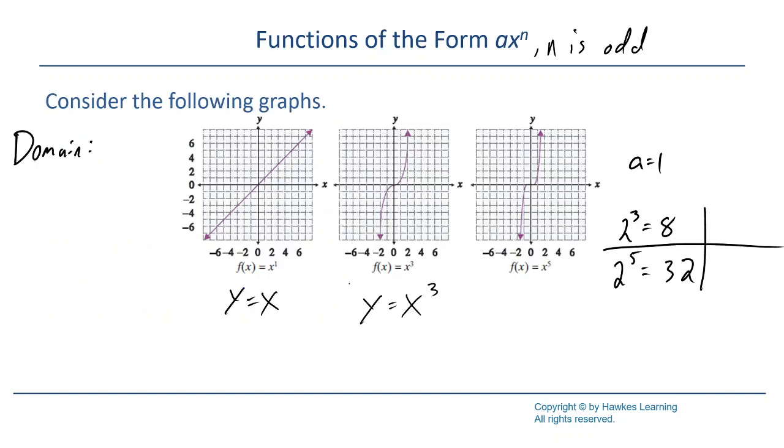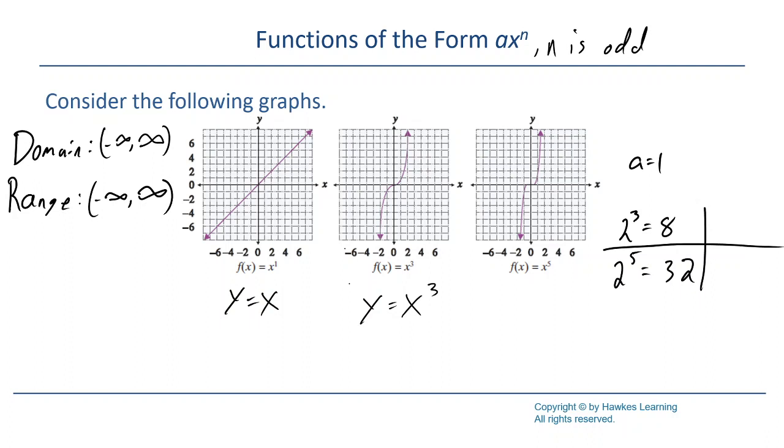But the domain of these is negative infinity to positive infinity. The second one turned out a lot better than the first one. Let me see if I can fix that. No, but it's a little better. And the range is also negative infinity to positive infinity.